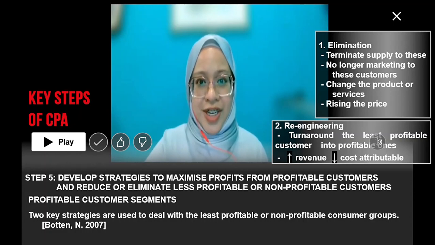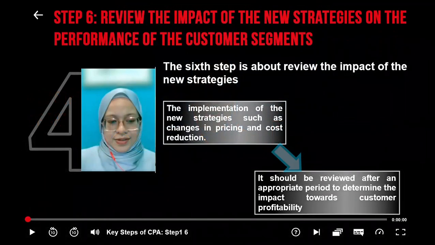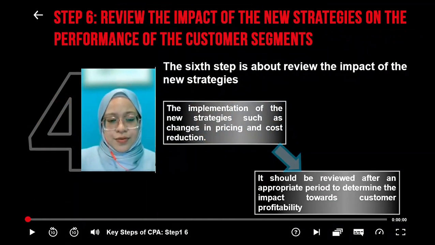Re-engineering is an action where the company will transform unprofitable to profitable customers by increasing the revenue and decreasing the cost attributable. Step 6 is focusing on reviewing the impact of the new strategies on the performance of the customer segments.